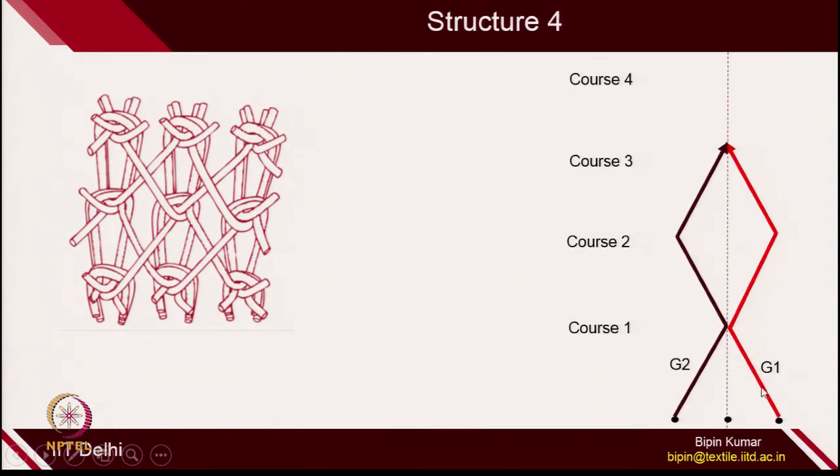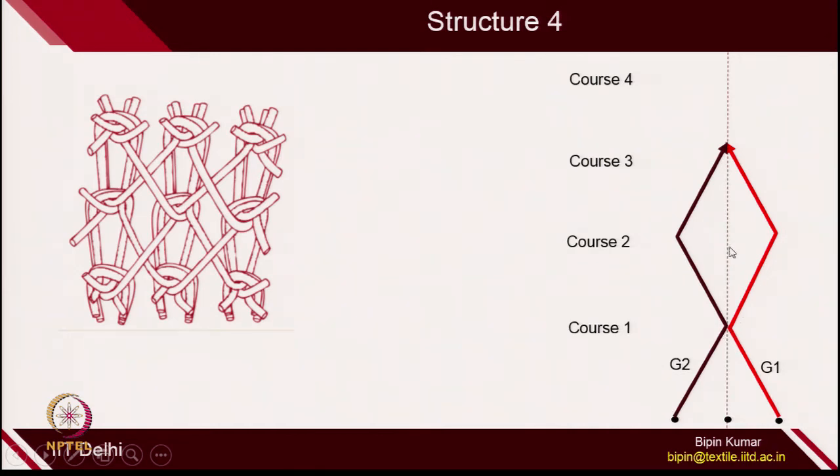In the first course, if you follow this particular loop, one yarn is coming from the left side, another yarn is coming from the right side. So, let us suppose this particular needle is making a loop, two guides are coming, one from the right side, one from the left side, in this particular course.